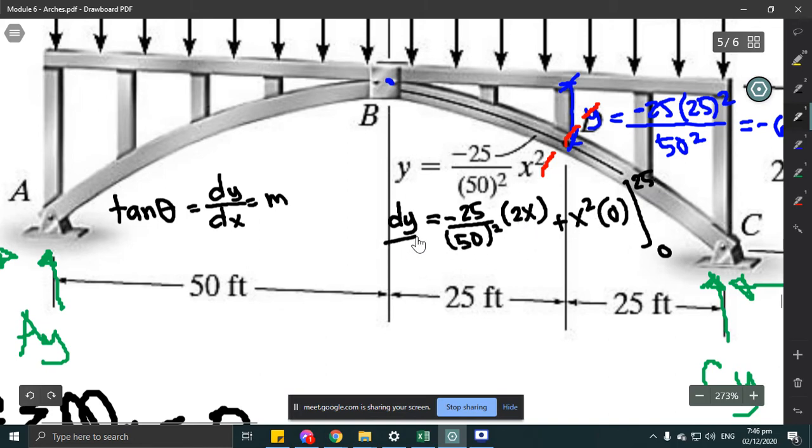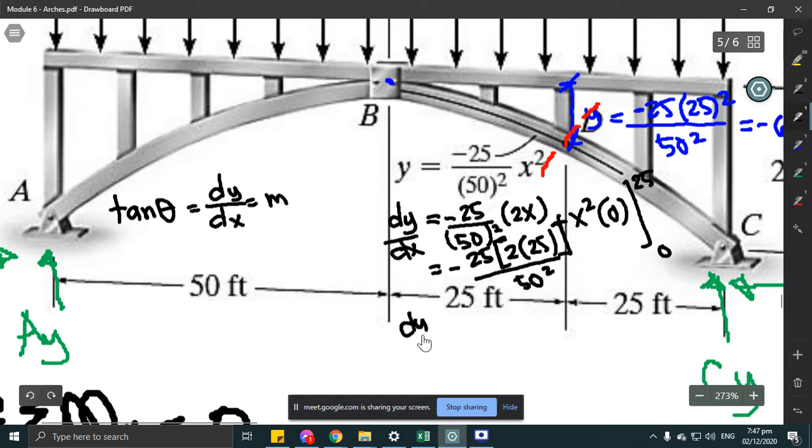So, just substitute the value of 25 here. So, ibaba ko na dito si dx ha. Kasi ito may 2x dx pa dapat. Ililipat ko na lang dito para mahabol natin yung form ng equation na yun. So, just substitute 25 here in this equation. Or that is negative 25. So, multiply by 2 times 25 all over 50 squared.